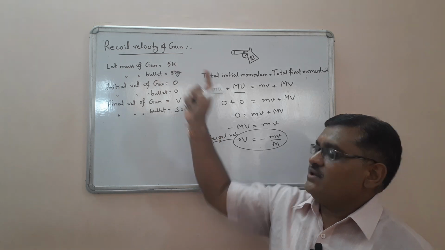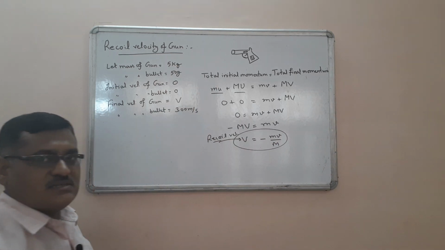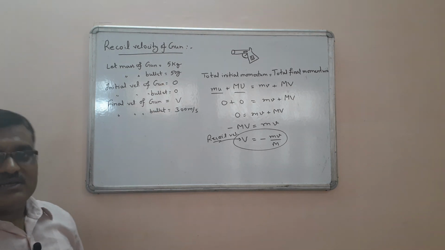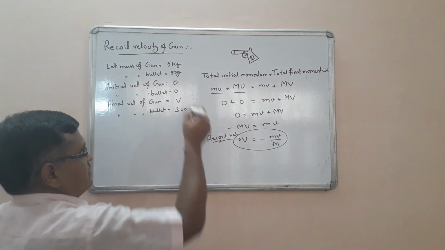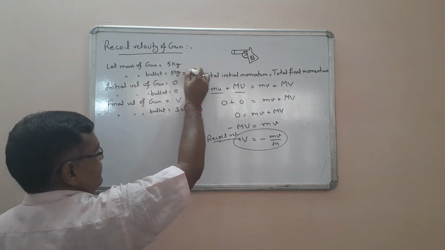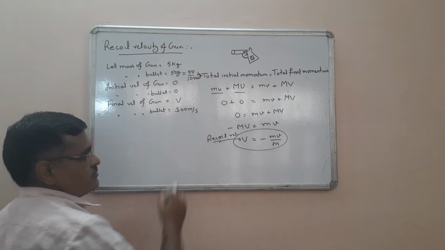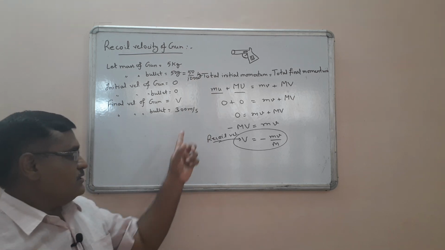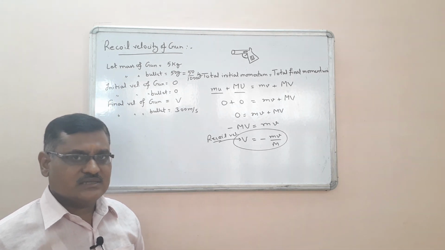Here 5 kg is an SI unit, 50 gram is not an SI unit. You convert 50 gram into kg, just divide by 1000. So you are getting 50 by 1000 kg. And 300 meter per second is an SI unit.